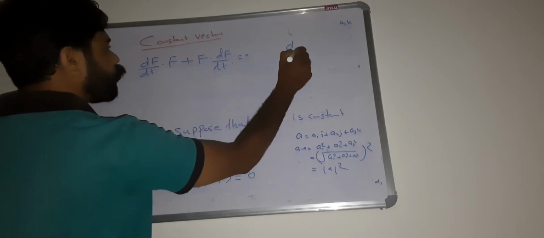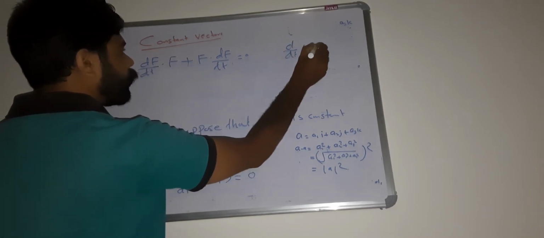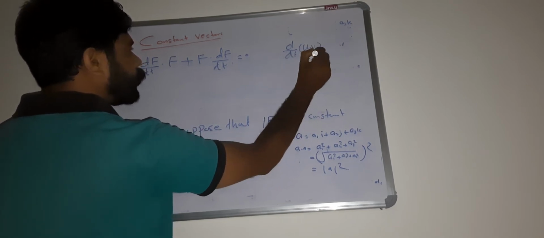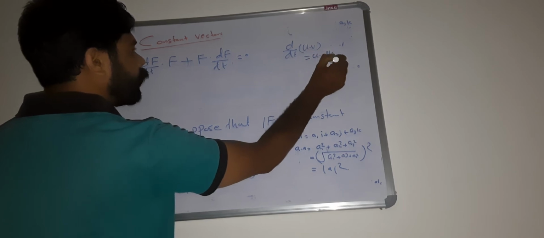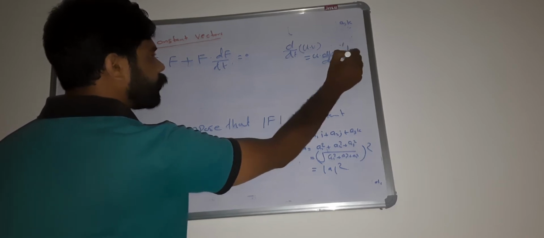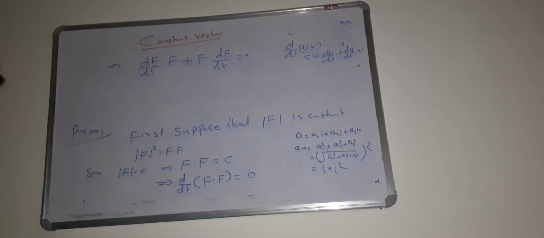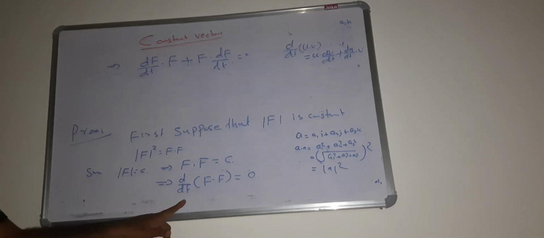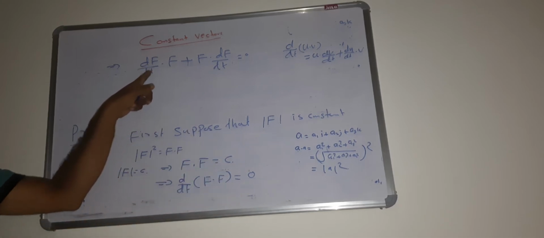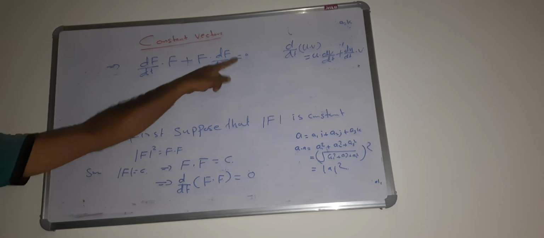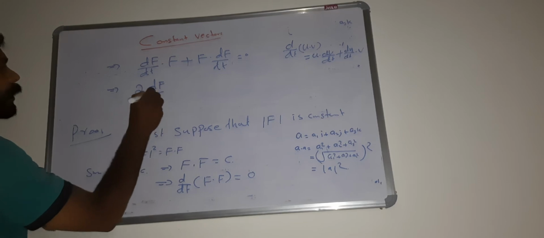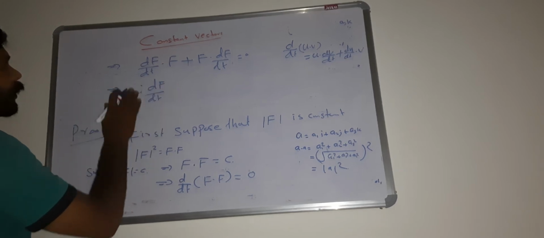By the dot product rule, d by dt of u dot v equals u dot dv by dt plus du by dt dot v. As d by dt of f dot f equals 0 since it is constant, df by dt dot f plus f dot df by dt equals 0.